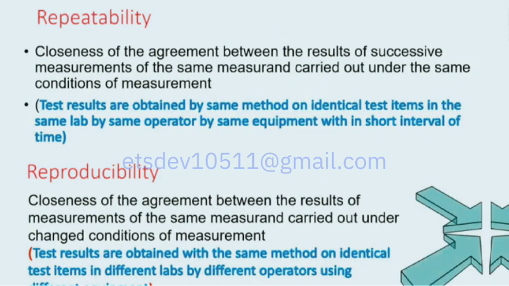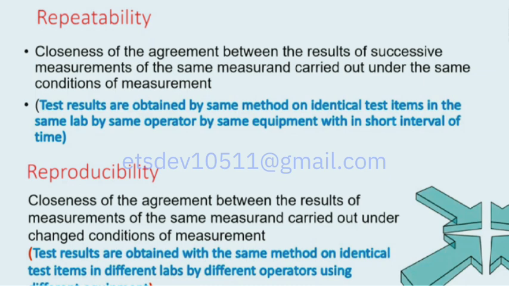So another two terms in uncertainty: especially when we are calculating the standard uncertainty, we calculate the uncertainty of repeatability or the uncertainty of reproducibility when we're trying to see if the method is working across labs. Repeatability is the tests obtained by the same method on an identical test item in the same laboratory by the same operator with the same equipment within a short interval of time.